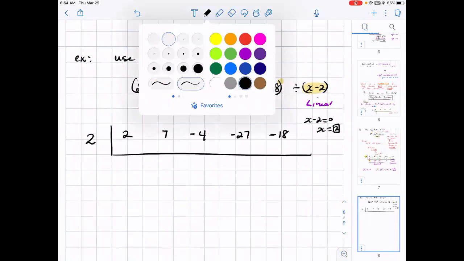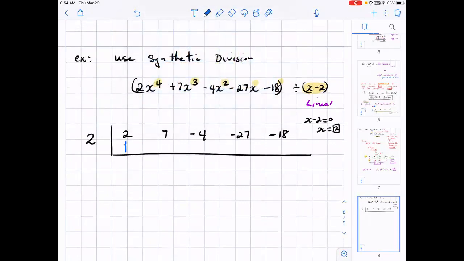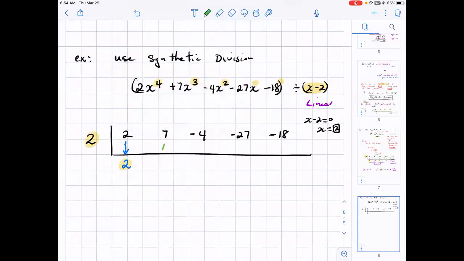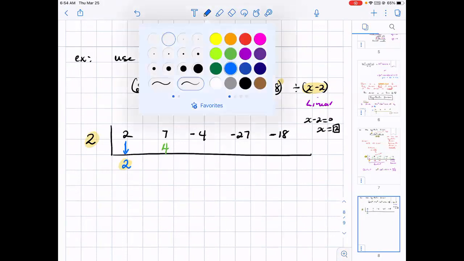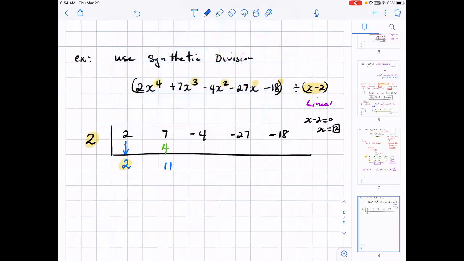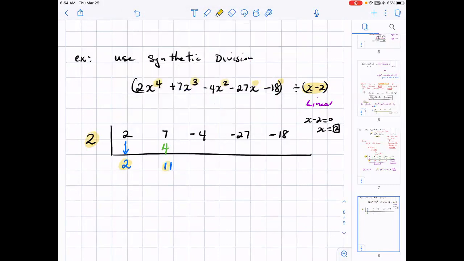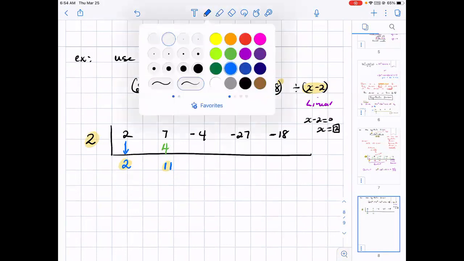And let's do it now. The first step is to bring down the 2, and then we multiply. 2 times 2 becomes 4. And we add 7 plus 4, that is 11. And then 2 times 11 becomes 22.